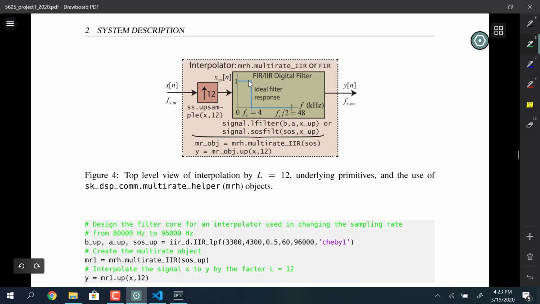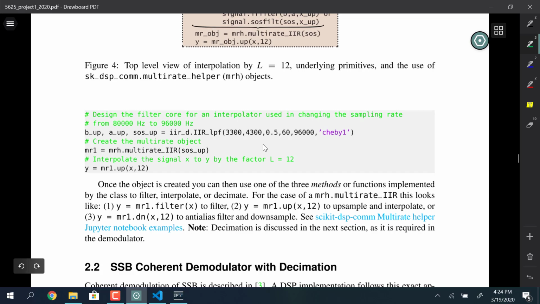So the low-pass filter needs to have a cutoff frequency approximately at 4 kilohertz, because that was the usable bandwidth of the input. So you design a low-pass filter around 4 kilohertz. In this case, I designed a low-pass filter whose cutoff frequency was 3300 hertz, and its stop band critical frequency was 4300.